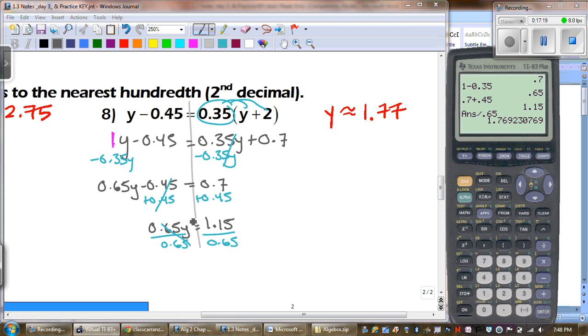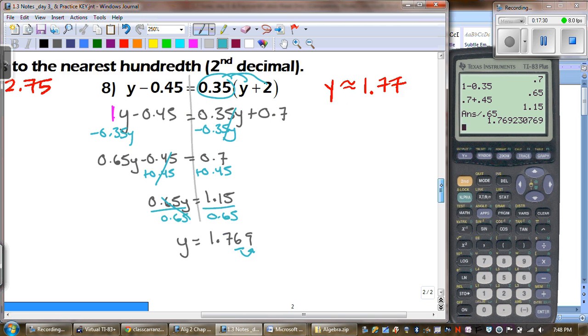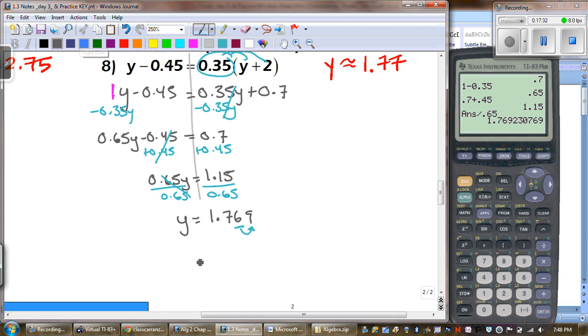And then we get our answer of y equaling 1.769. And the last step would be to round to the second decimal. And that's where we get y is rounded 1.77.